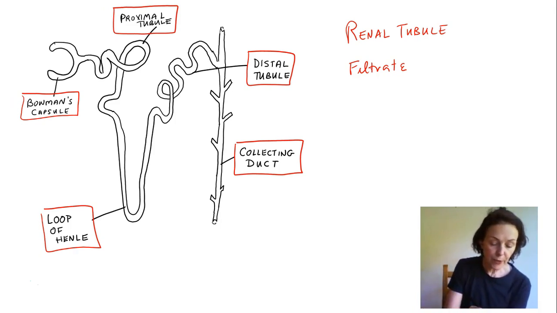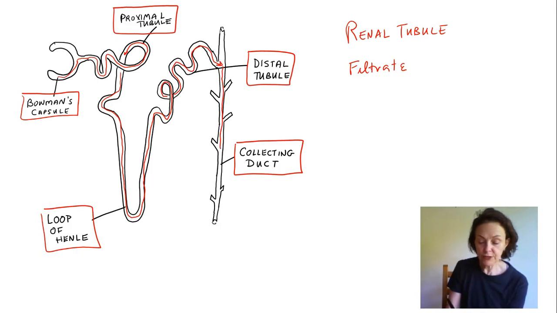So from the Bowman's capsule, the filtrate, which is the first liquid that is removed from the blood capillaries, is going to travel from the Bowman's capsule into the proximal tubule, and is going to head from the proximal tubule down into the loop of Henle, and then up from the loop of Henle into the distal tubule, and then from the distal tubule into the collecting duct.